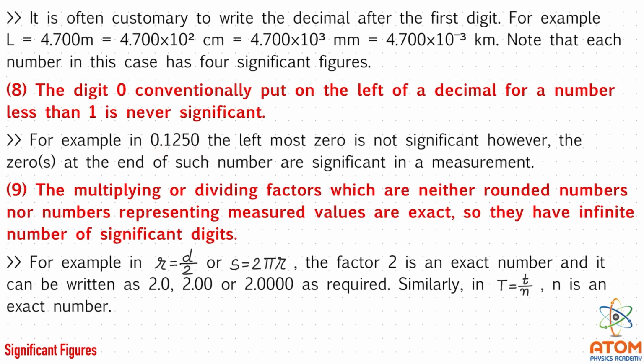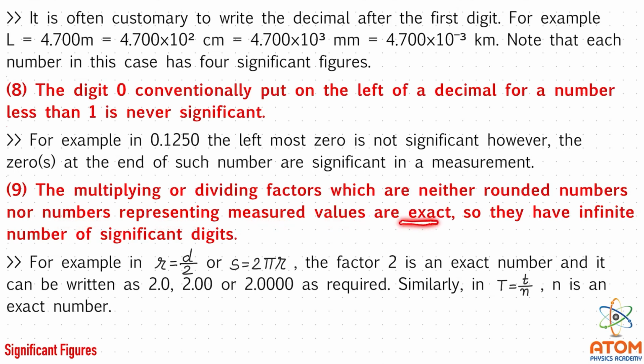Now, this is very important, the 9th one, and you have to remember it while solving numericals. The multiplying or dividing factors which are neither rounded numbers nor numbers representing measured values are exact.